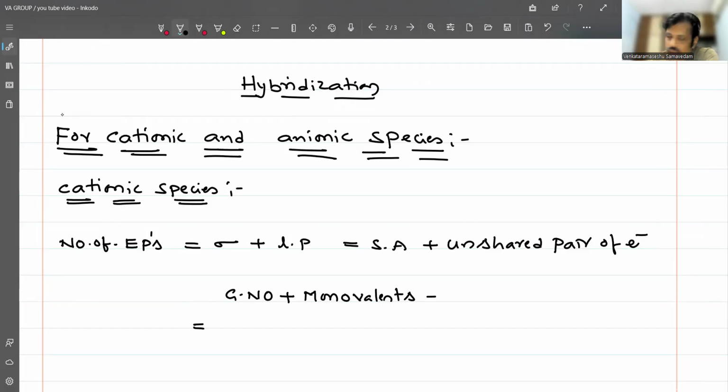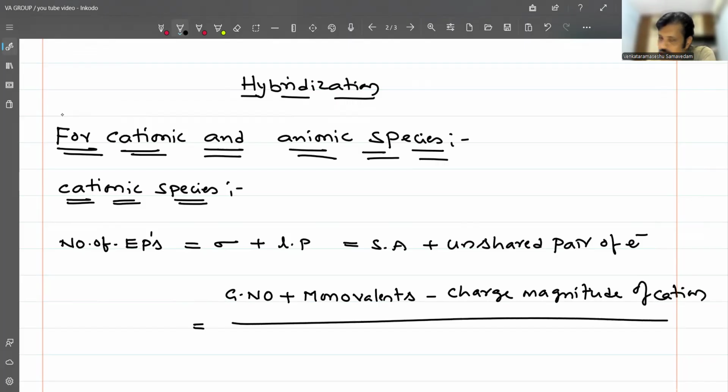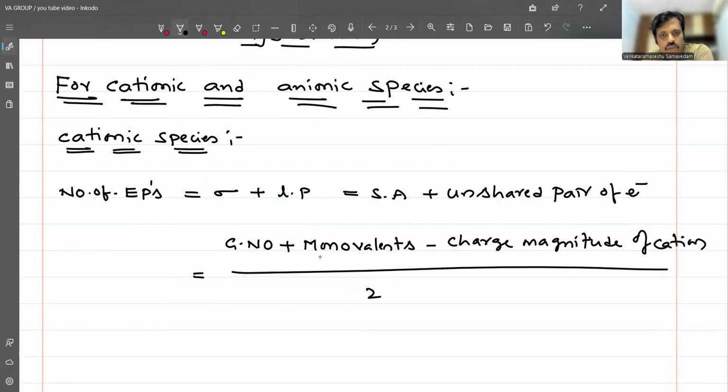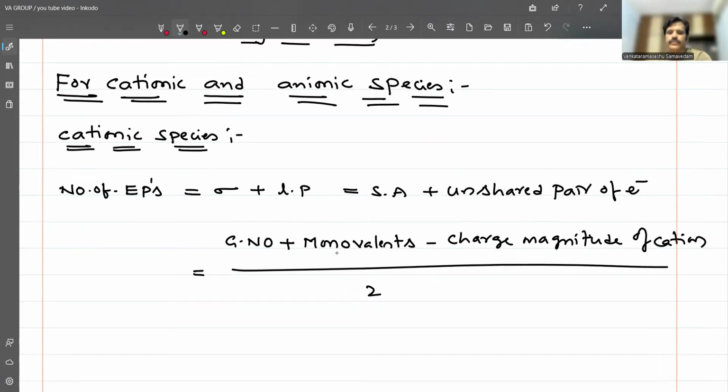Minus the charge magnitude of the cation. Whatever the cation charge magnitude is, you have to subtract it from the group number plus monovalent atoms.